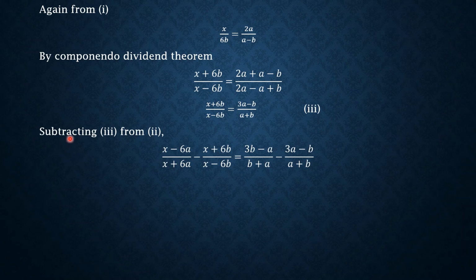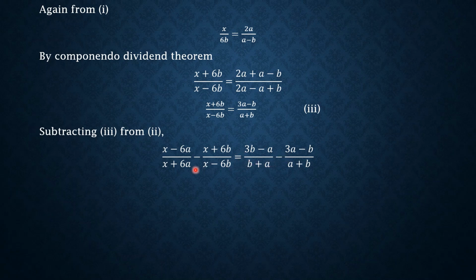Now in question given was x minus 6a over x plus 6a minus x plus 6b over x minus 6b. So in order to find the value of this, we will subtract equation number 3 from equation number 2, and then we will get the required answer.